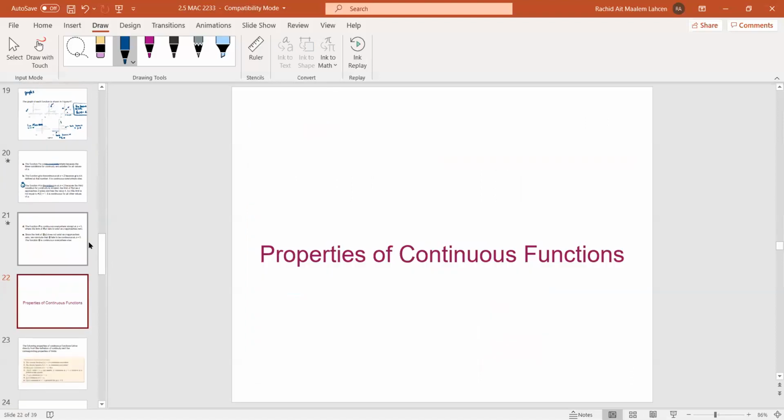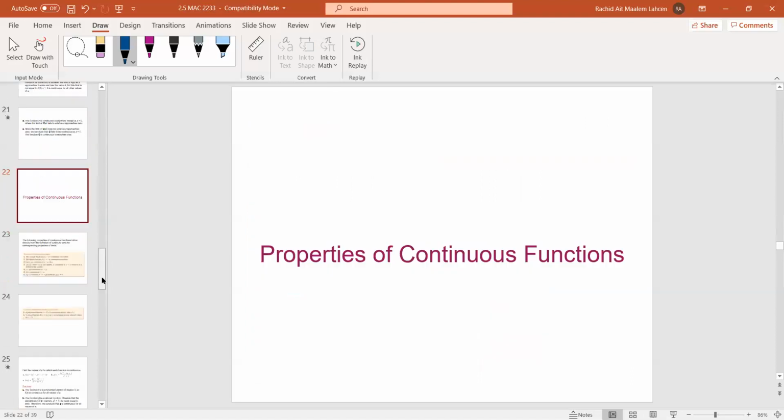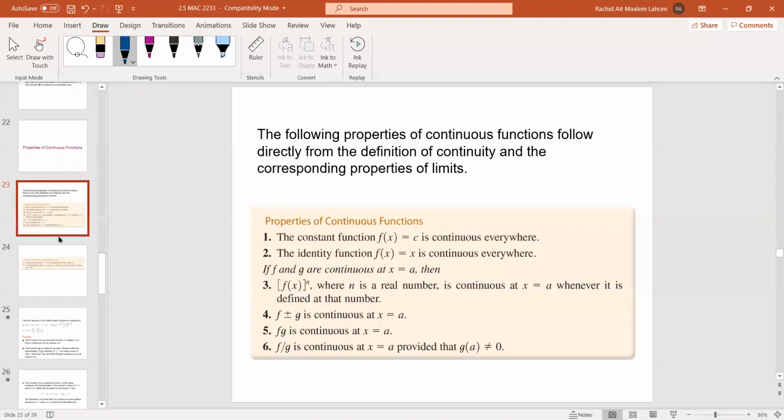All right, so the properties of continuous functions. This in general is kind of common knowledge. The constant function is continuous everywhere. If you graph a horizontal straight line, it is continuous everywhere. The identity function is continuous everywhere.